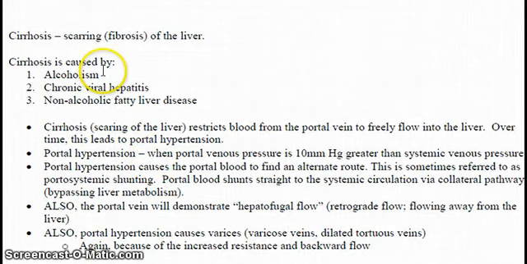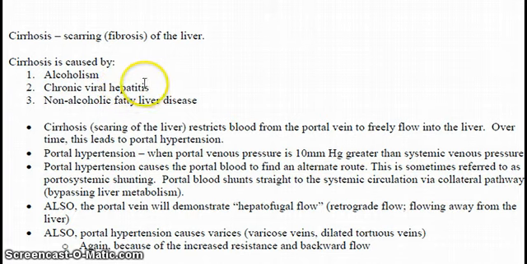Okay, let's revisit cirrhosis of the liver, which is scarring of the liver, or fibrosis. All of those words are used interchangeably: fibrosis, scarring, cirrhosis. Most commonly in the United States it's caused by alcoholism, chronic viral hepatitis.